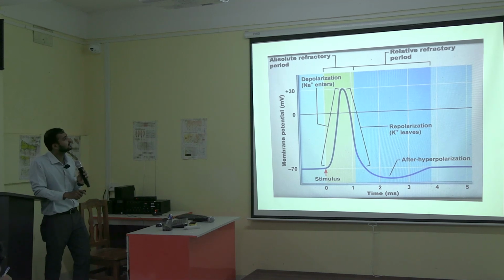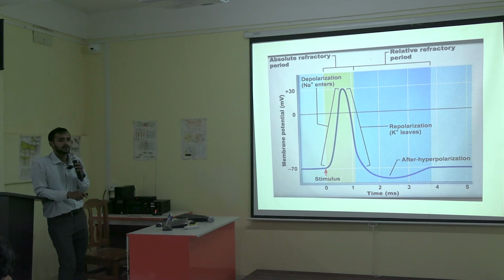This is the absolute refractory period. It has to cross at least 1/3 of the repolarizing phase.